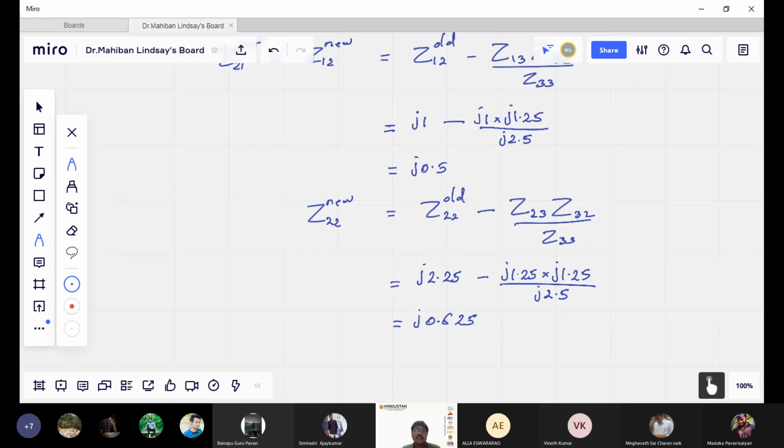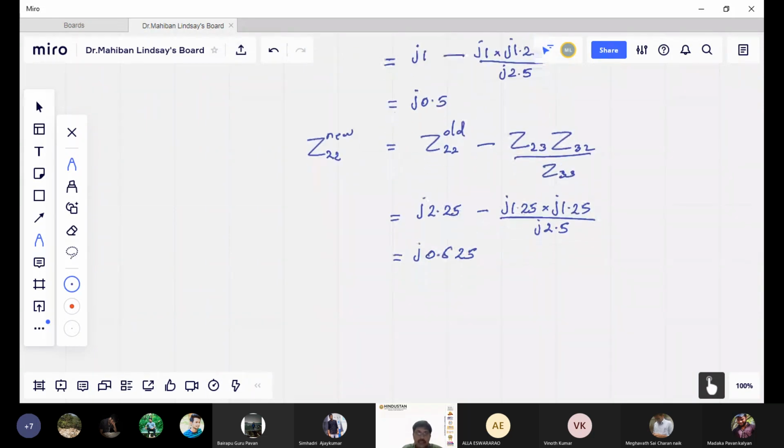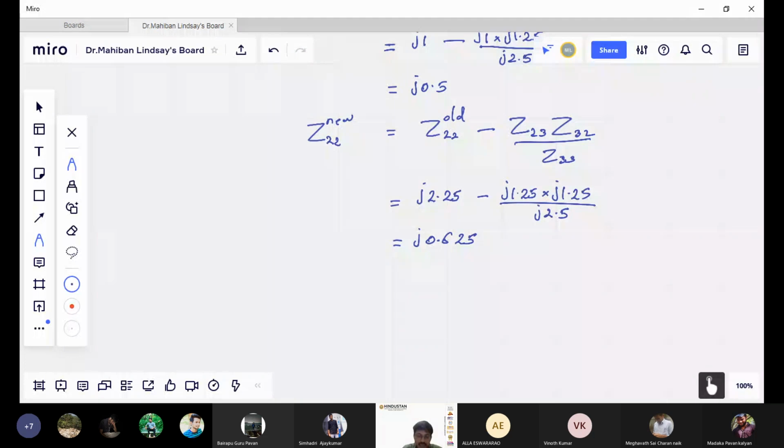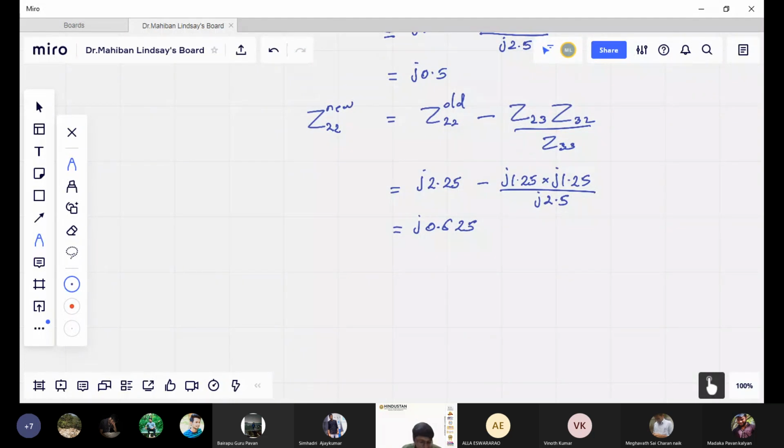If you find the 31, 32, 33 values, definitely you will get 0. If you want to try it with your calculators, you will get 0. That is the peculiar thing in the elimination method.